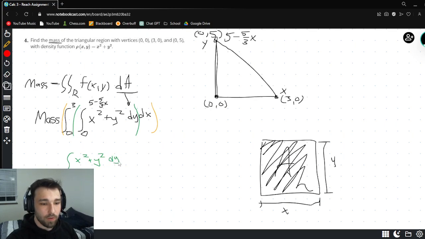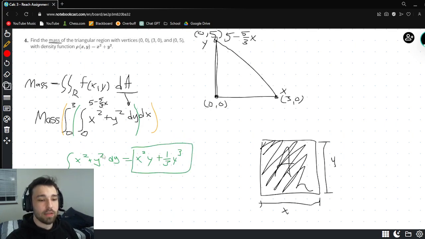With respect to dy equals x squared y, and then we have, I'm gonna write this as a 1/3 y cubed, and I like that better. Cool. So we're going to do this. Now we have to evaluate that from 0 to 5 minus 5 over 3x.